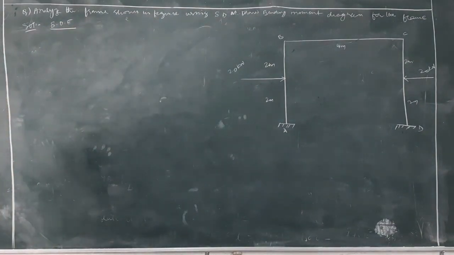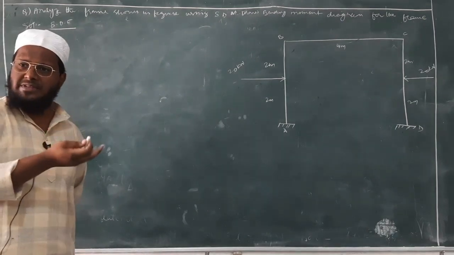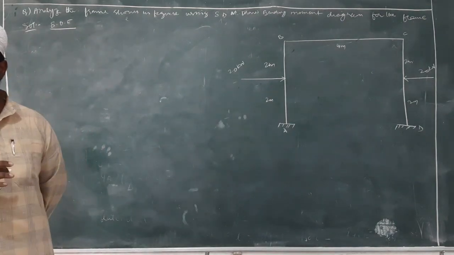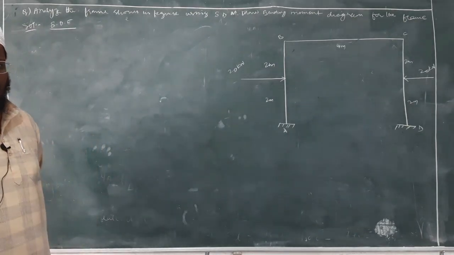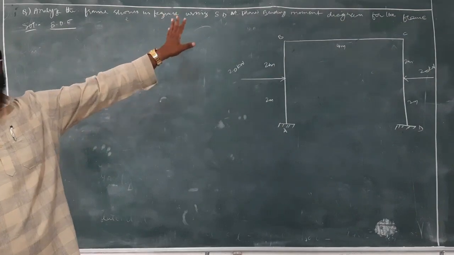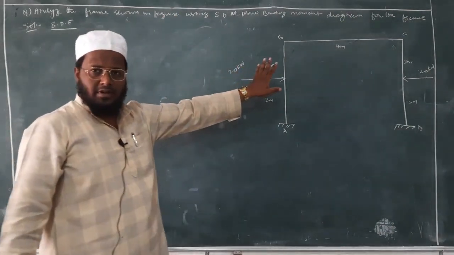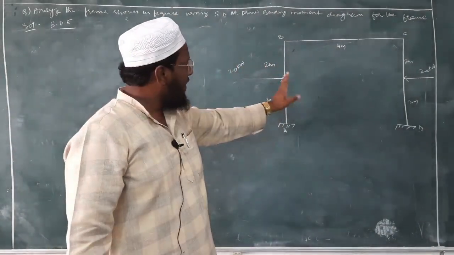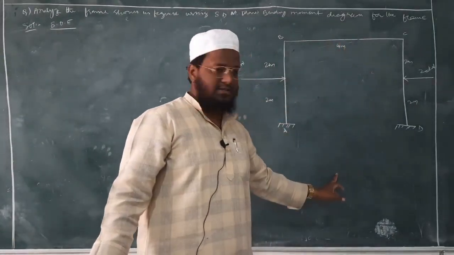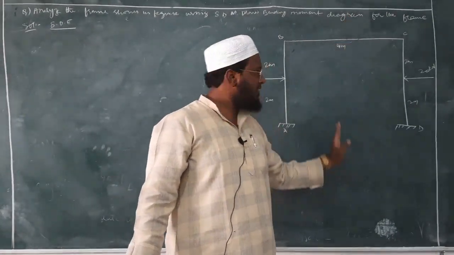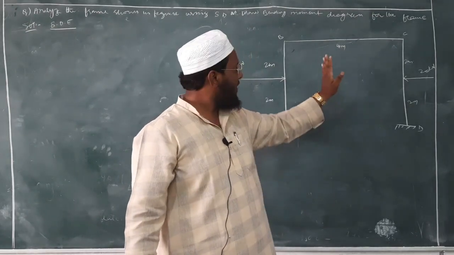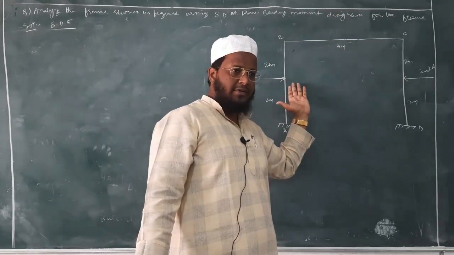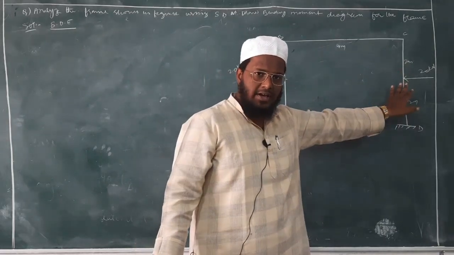Now, slope deflection equations. Whether the support is sinking, it has not been mentioned in the problem. It is saying analyze the beam, and if you see any frame, if you cut this frame into two parts along the y-axis, the portion on the left side is equal to the portion on the right side, isn't it?